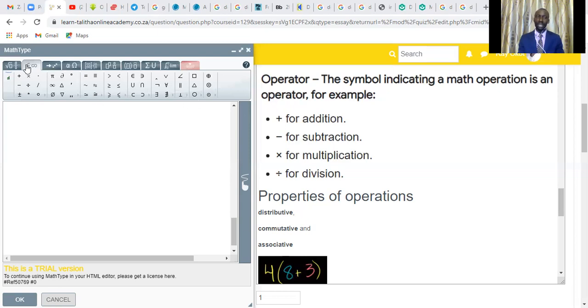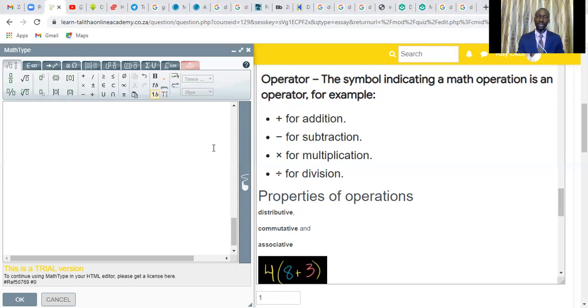Suppose that we have been given this expression: 4 times 8 plus 3.